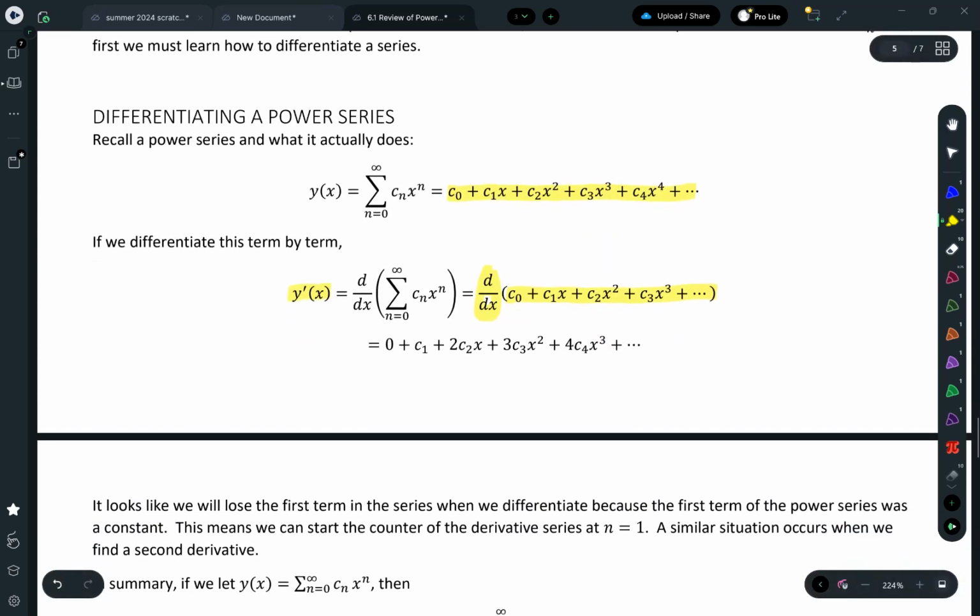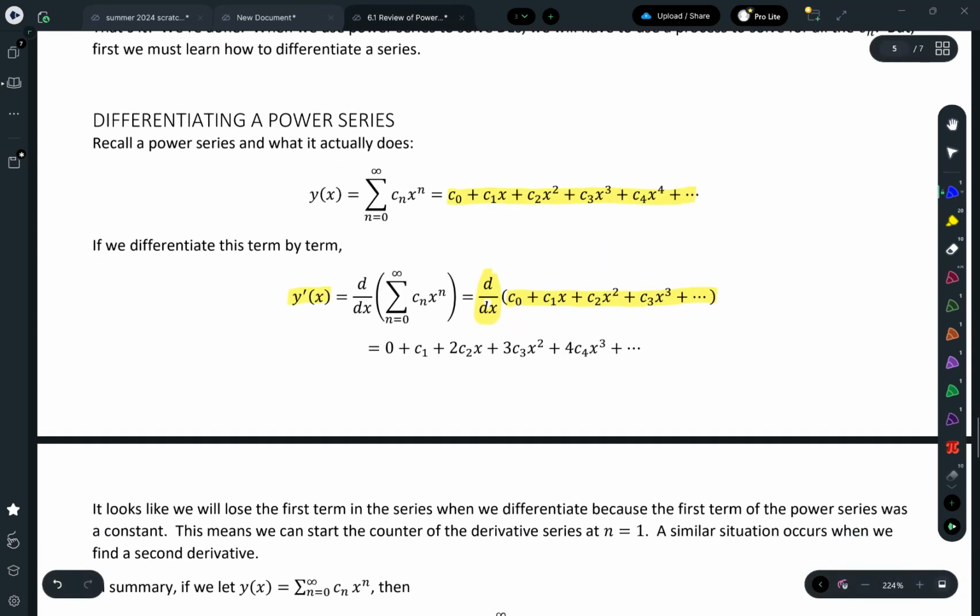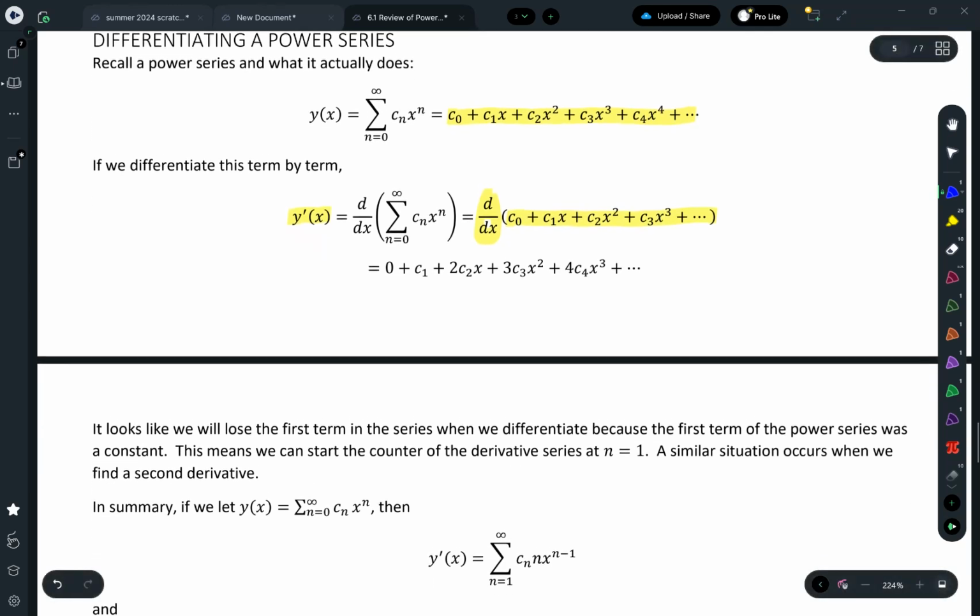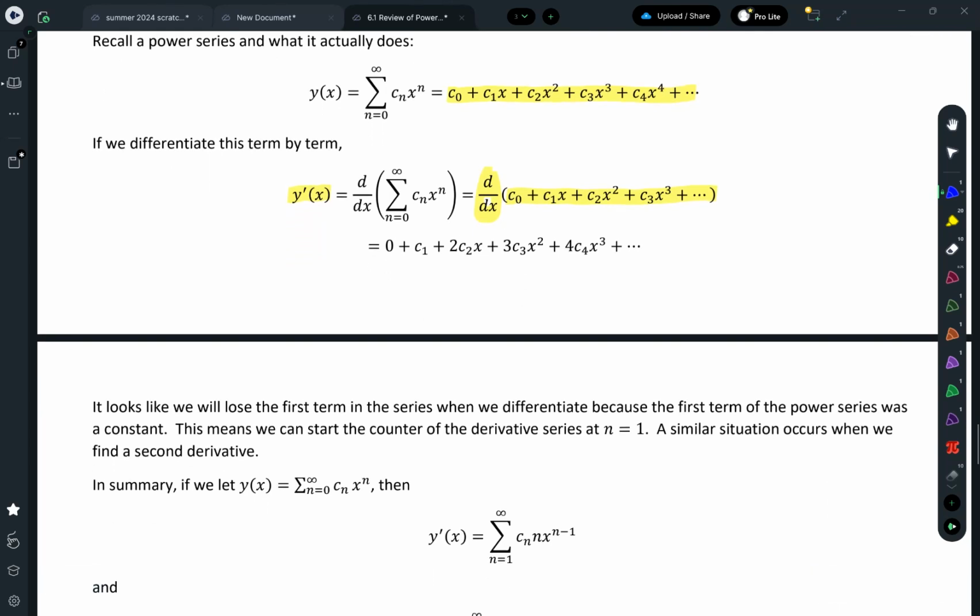Okay? And so in general, because we see that 0th term goes away, like that constant goes away, our counter is now starting at n equals 1. So we start the counter of the derivative series at n equals 1.